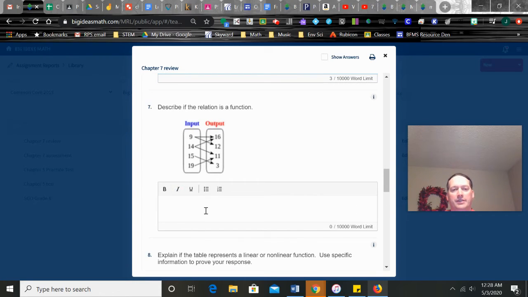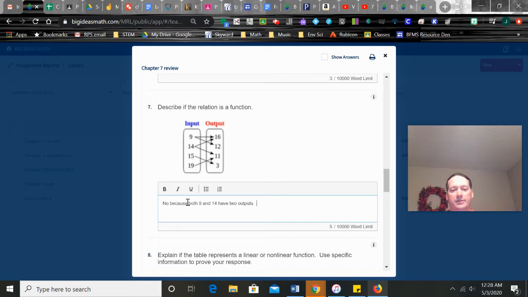Describe if the relation is a function. Okay, so if you remember, in order for it to be a function, the input can have only one output. So if you notice, 9 here has 2 outputs and 14 has 2 outputs, so you need to put that in there, all that information. So no, because both 9 and 14 have 2 outputs.